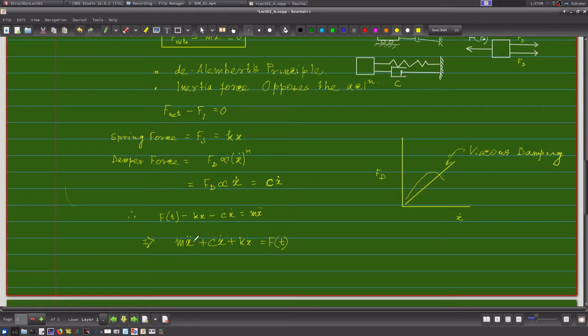Okay, and this gives me the equation of motion of a single degree of freedom system. All right, so this is my equation of motion of an SDF system.